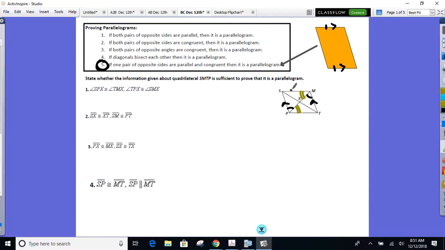Alternate interior, so that leads to parallel lines. And now why is this a parallelogram? Opposite sides parallel. So here's what we're going to write. Opposite sides parallel, the opposite of what we wrote the last two days. Opposite sides parallel imply a parallelogram.